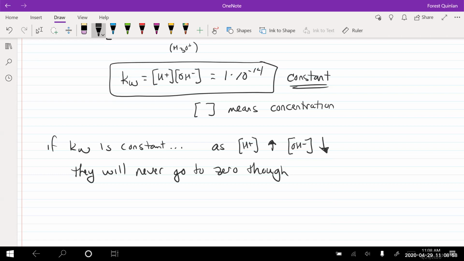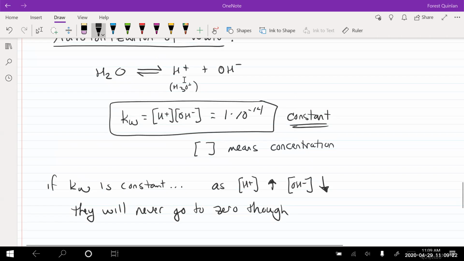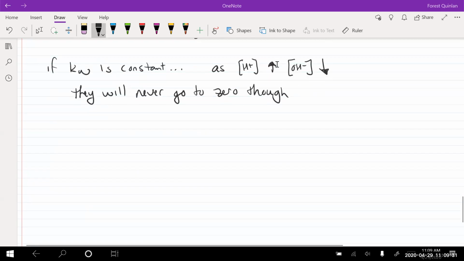In the same way, this applies to the H plus and OH minus concentrations. Even in the most acidic solution ever, you will always have some fractional amount of OH minuses sitting in there. And that has to be because all of our solutions, whether they are a base or an acid, are always sitting in a watery solution. And water will always be doing this somewhere in the background, giving you some amounts of these.